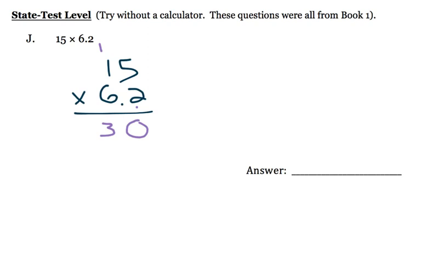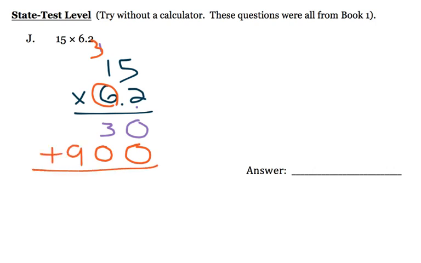But then, I'm going to focus on the 6. But first, you have to add a 0 to the first place value. Now we do 6 times 5 is 30. So I bring down the 0 and bring up the 3. 6 times 1 is 6. 7, 8, 9.